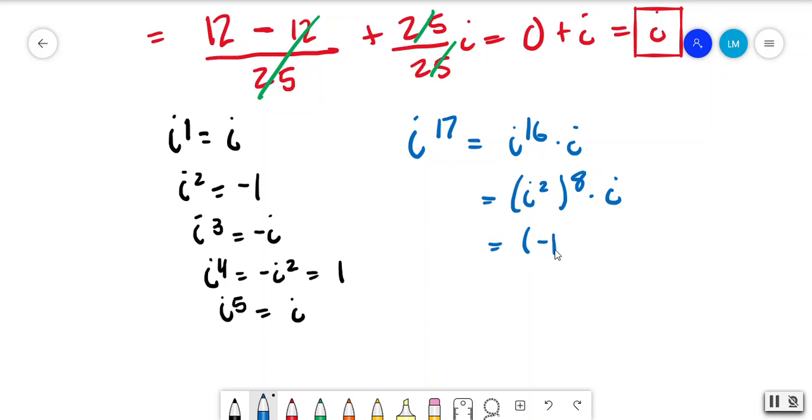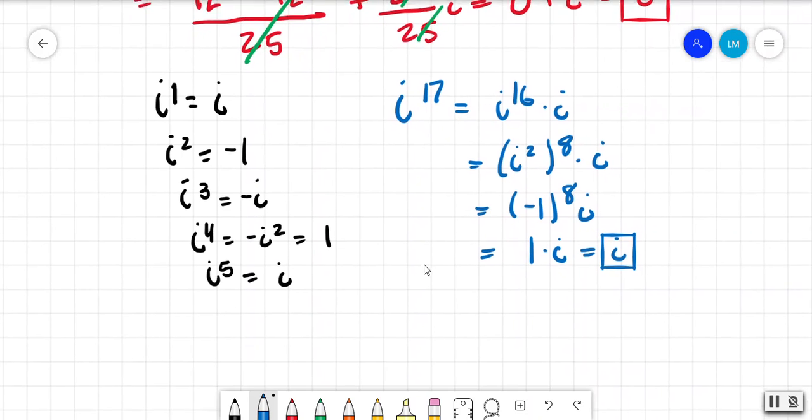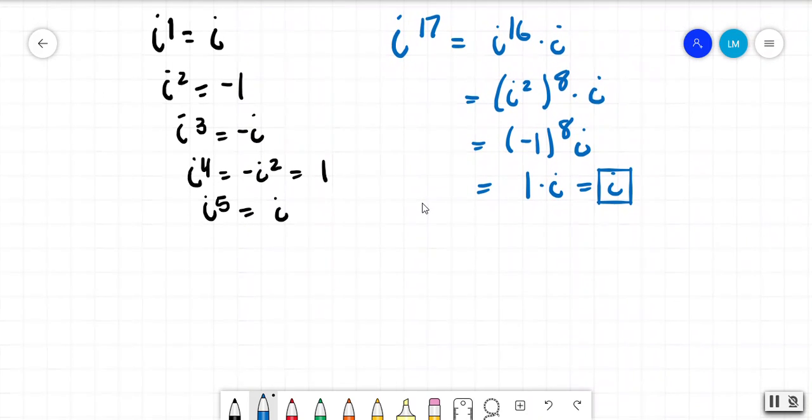We get -1 to the 8th times i, and -1 to the 8th is +1, so that's just equal to i. That was actually very simple in the sense that we just did it in steps.